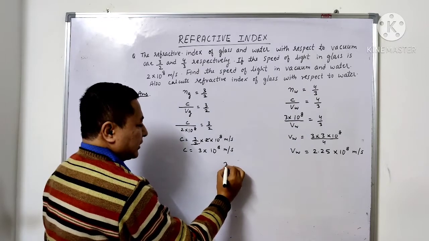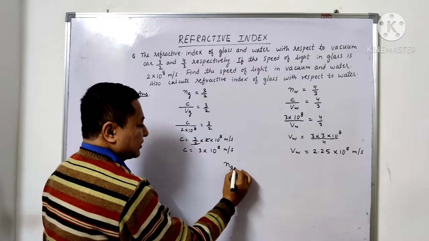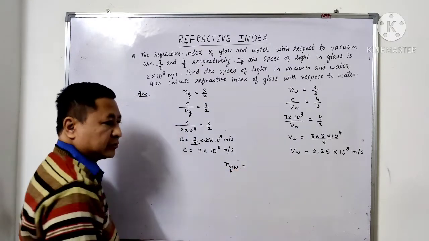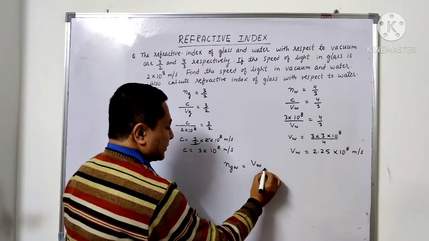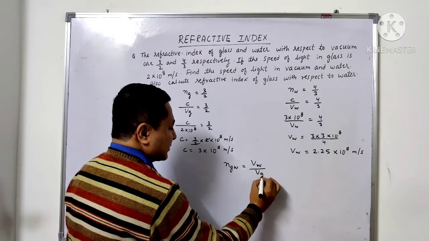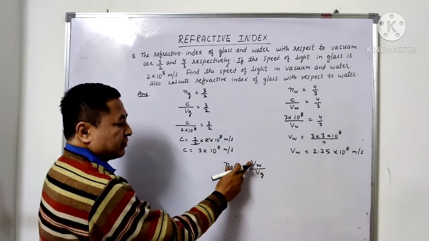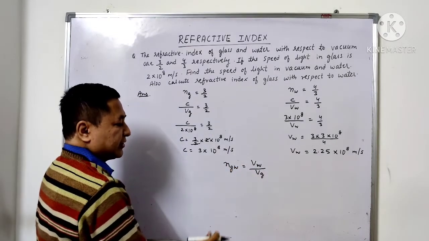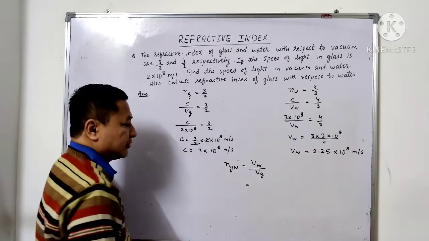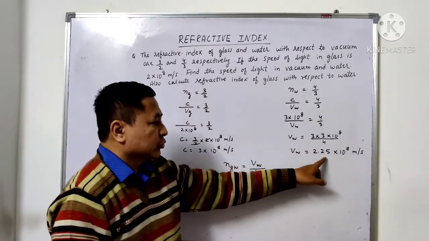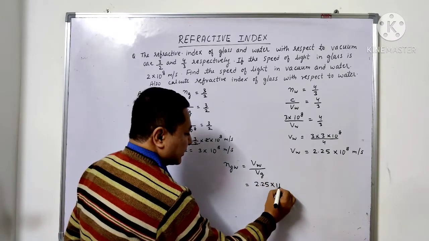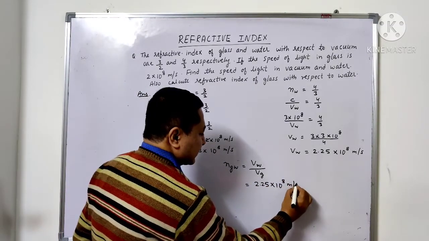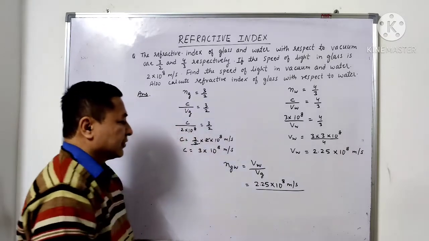Now we are calculating refractive index of glass with respect to water. So the formula will become VW upon VG, that is the ratio of speed of light in water to the speed of light in glass. The speed of light in water we have calculated, 2.25 into 10 raised to 8 meter per second, upon speed of light in glass.